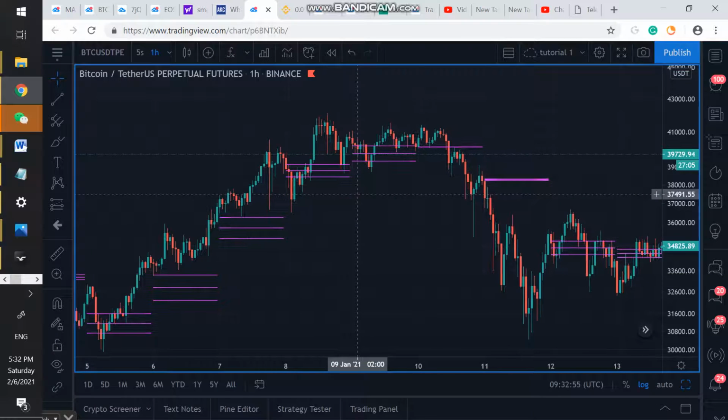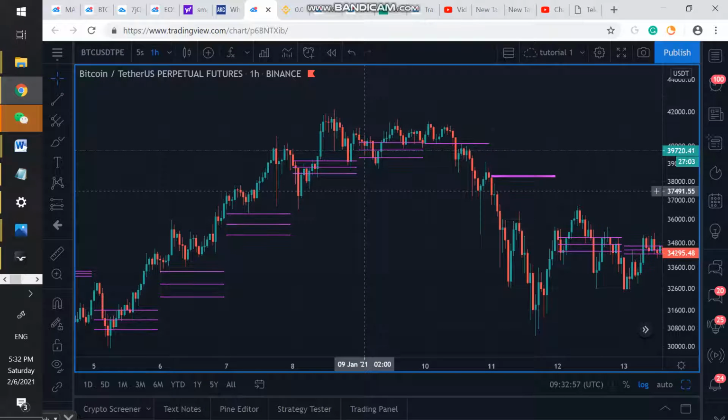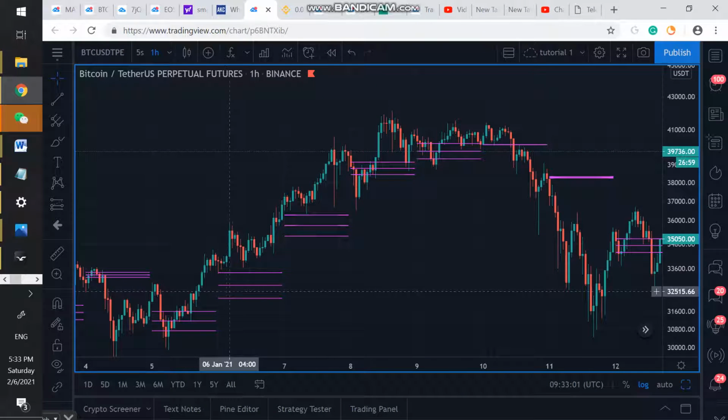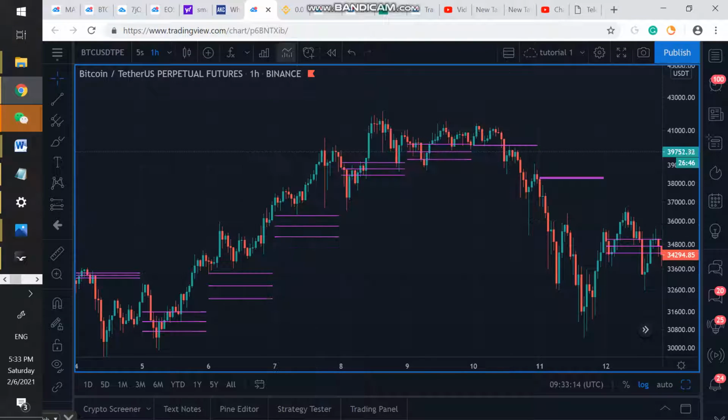Another thing that's helpful is the 2-day relationship between the ranges. You'll notice here, each CPR is higher than the one before it. It means the value area, the auction for the asset, is going up, it's increasing. And then you're going to notice that increase starts to slow down, right?